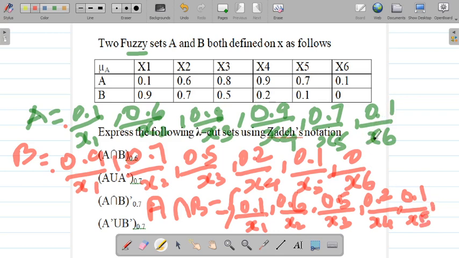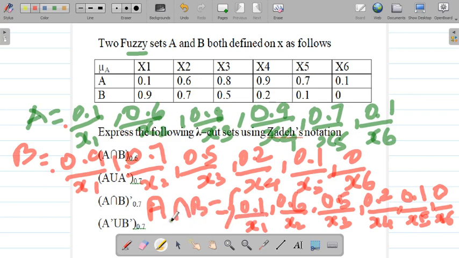Then here 0.1, here 0. Which one is minimum? 0. So for A intersection B, we are having 0.1, 0.6, 0.5, 0.2, 0.1, 0. So it is the answer for A intersection B.